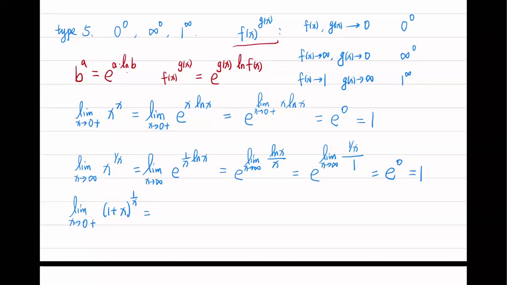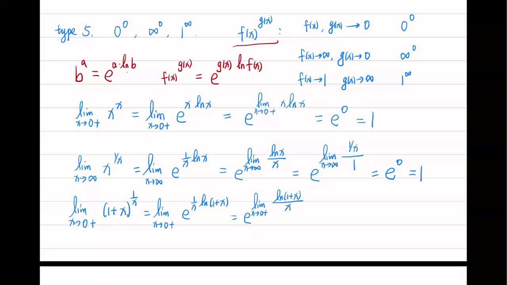Okay, change of basis. E to the, Zichen, what's the new exponent? Okay, so now we want to find this limit. Logarithm 1 plus x over x.